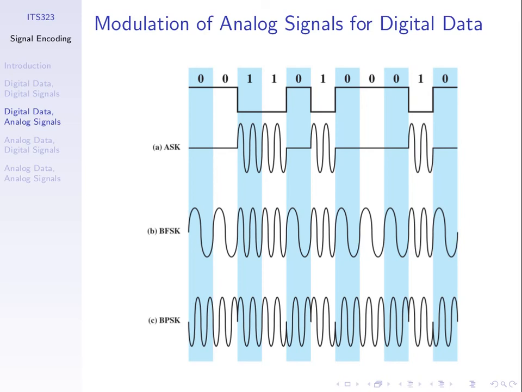Here we have one frequency, a low frequency signal for bit 0, and a higher frequency for bit 1. So you can see our low frequency sine wave for bit 0, and then for bit 1 it's higher frequency, double the frequency in this example.